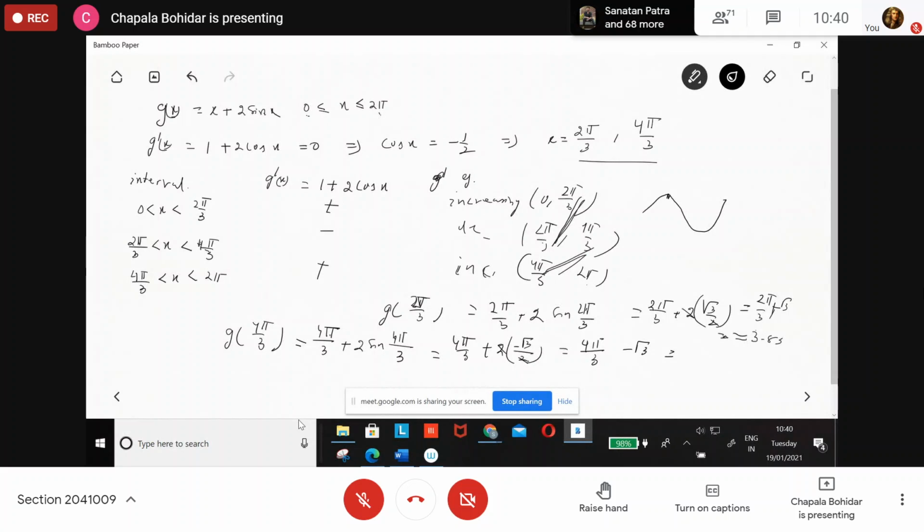So I'm getting 2.48 here. So the local maximum value is this one, and the local minimum value is this one. All of you clear on this problem? All of you clear?